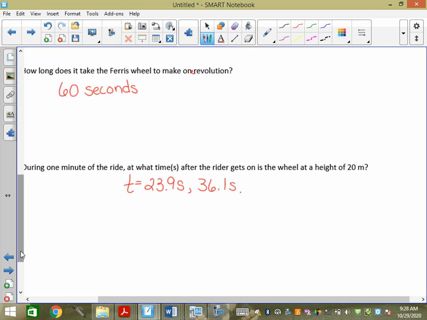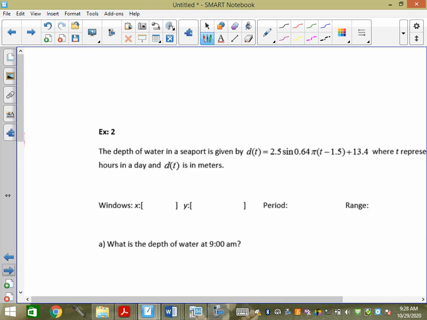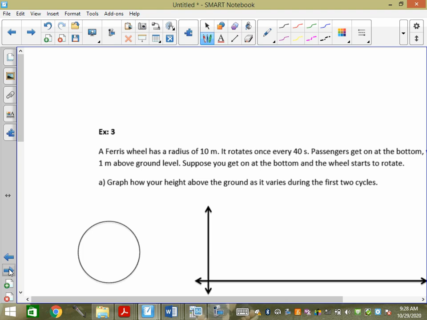So even though they gave me an equation, I pulled information from it to sketch the graph, because they don't always give me an equation. Sometimes they'll just tell me the amplitude, like the radius is this, the center of the circle is this, it takes this long to repeat itself, and I have to come up with the equation. Which could be like this one.